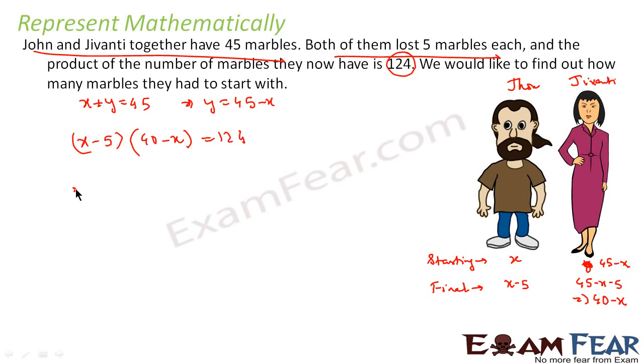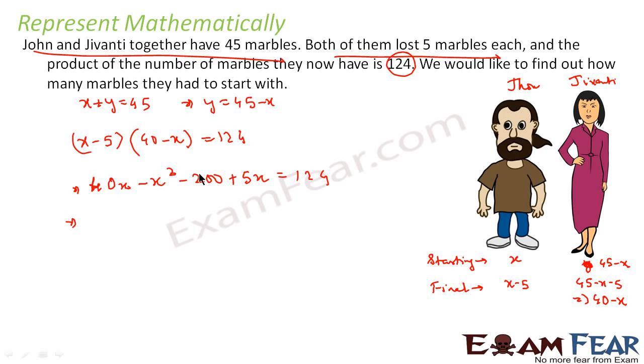If you solve it further, X into 40 is 40X. Then X into minus X is minus X square. Minus 5 into 40 is minus 200. Minus 5 into minus X is plus 5X. And that is equal to 124.